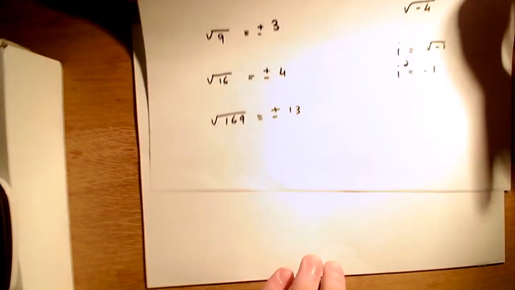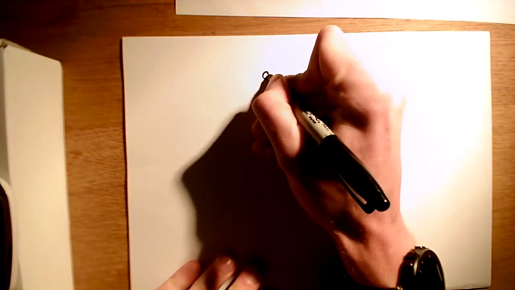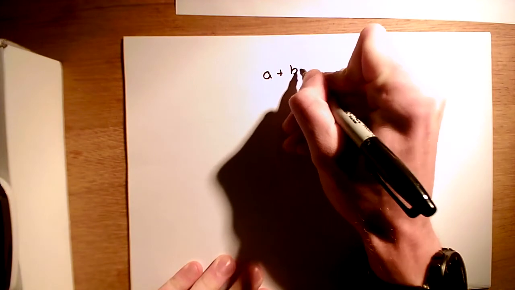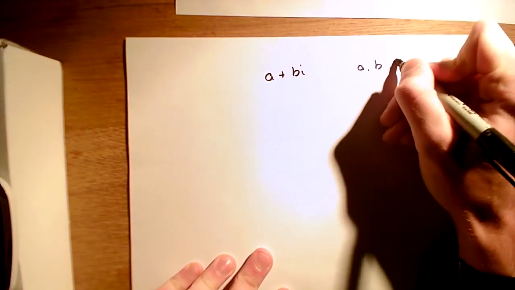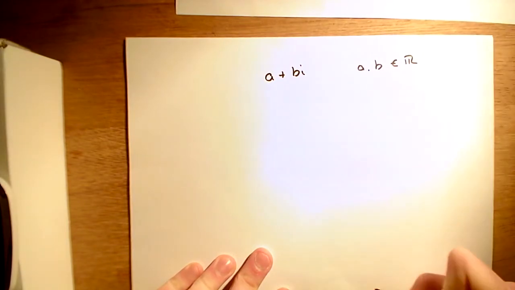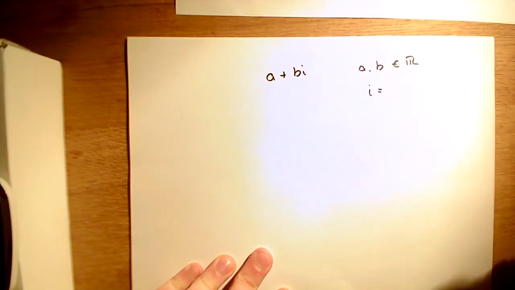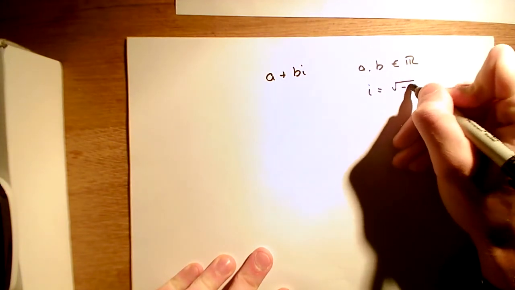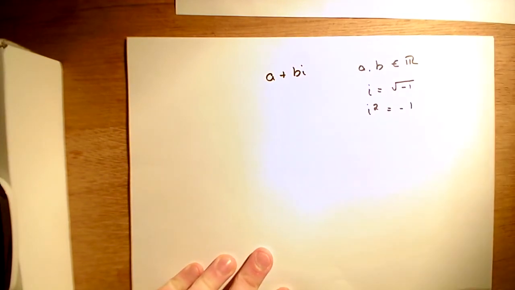What we see in complex numbers is that we have real numbers being mixed with imaginary numbers. Complex numbers always come in the form a plus bi, where a and b are real numbers, and i is an imaginary number such that i is always equal to the square root of minus 1, or as we said a moment ago, i squared is equal to minus 1.